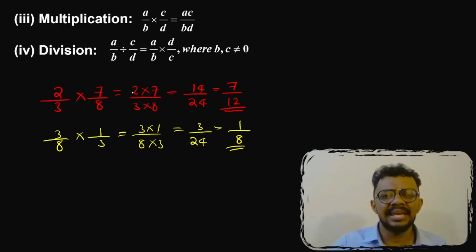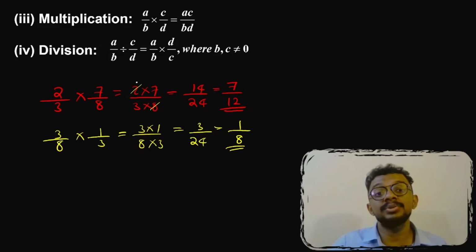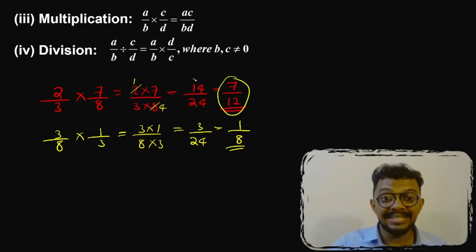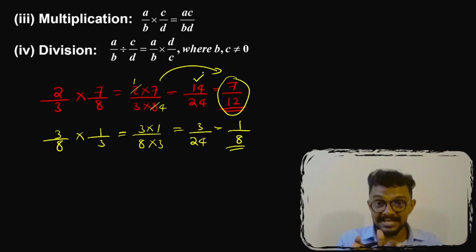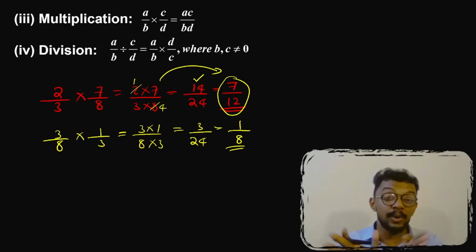Both here itself I can cancel. 2 by 2 is 1, 8 by 2 is 4. So 1 times 7 is 7, 3 times 4 is 12. 7/12. Without this step, I can move here. When it is multiplication of rational numbers, then only we can do that.